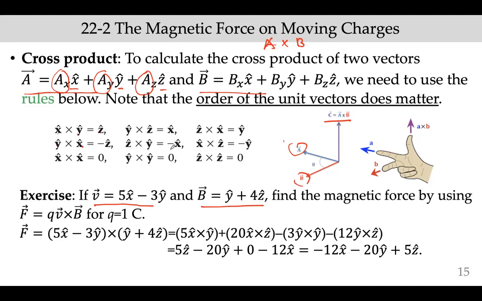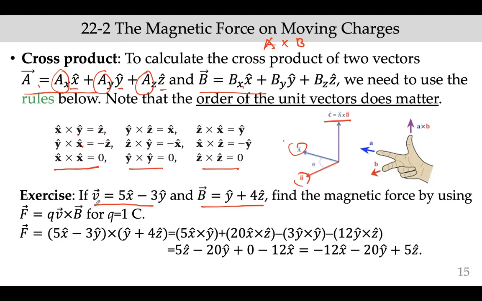And one thing that you can notice is that x cross x, y cross y, and z cross z give you 0. Why? Because if these two vectors are in the same direction, you get sine 0, and that sine 0 basically gives you 0.